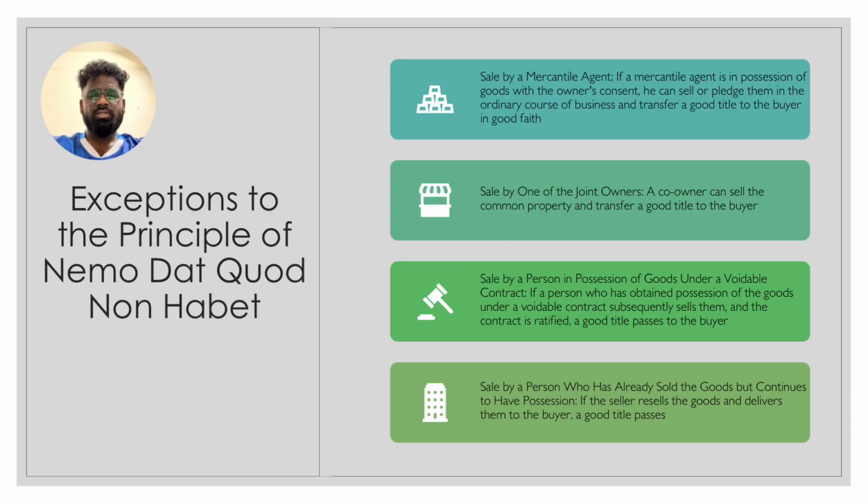Seller in possession after sale: if a seller sells goods but keeps possession of them and then sells them a second time to an honest buyer, the second buyer gets a good title.